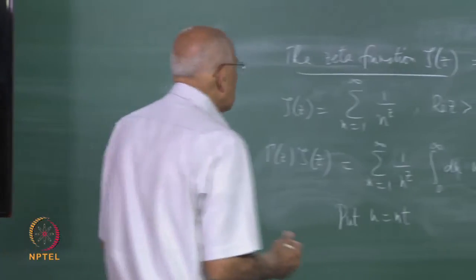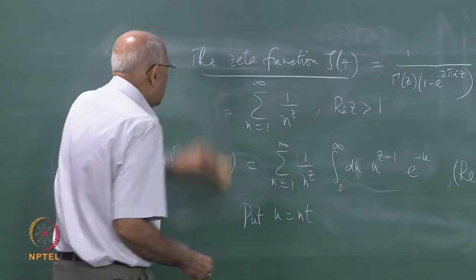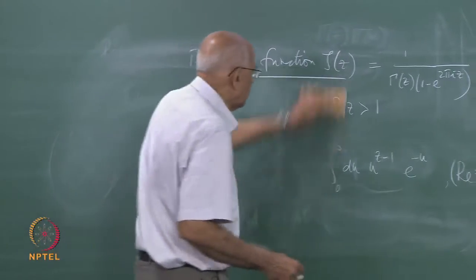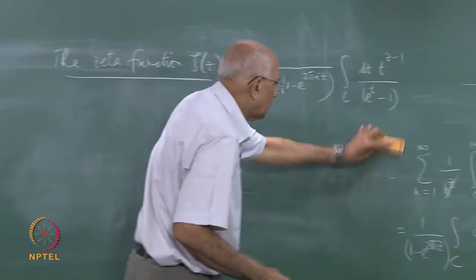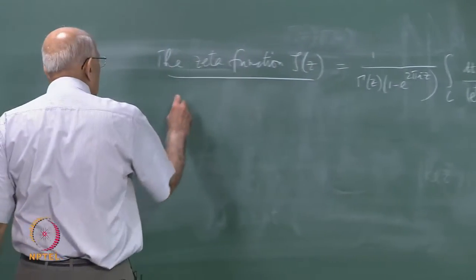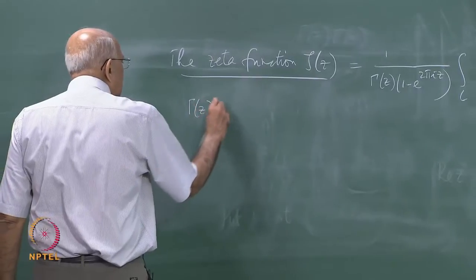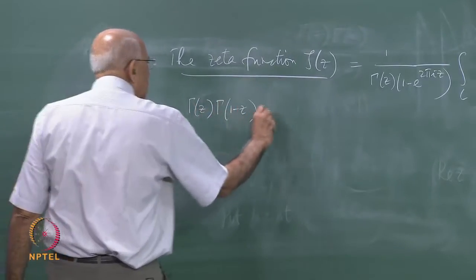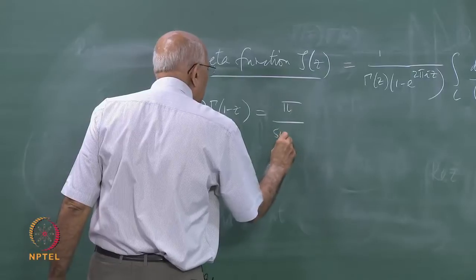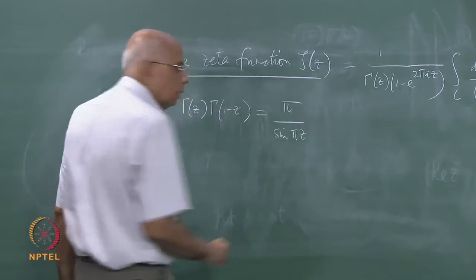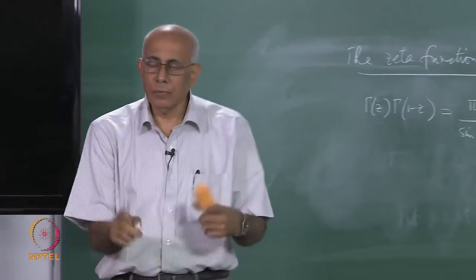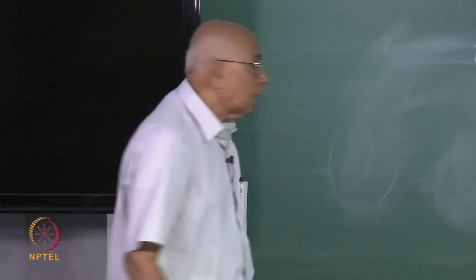Now we can simplify this a little bit by using the following reflection formula. Recall we used the beta function to derive this reflection formula, which said gamma of z, gamma of 1 minus z was equal to pi over sine pi z. That was a reflection formula for the gamma function, if you recall, and let me use that.